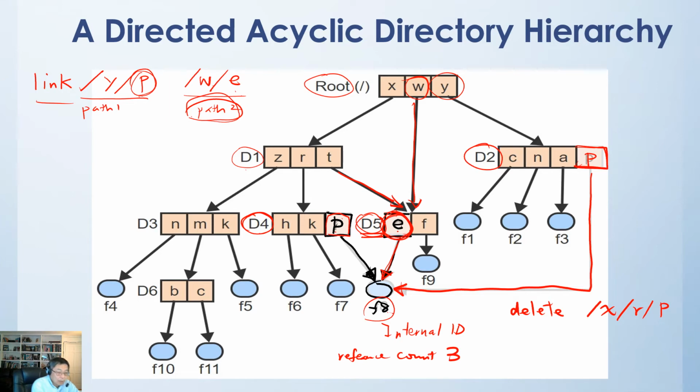Let me change the color here so you can see it clearly. Now if I use the delete operation with the path X, R, and P, so I delete the file using this path name, what will the operating system file system do?